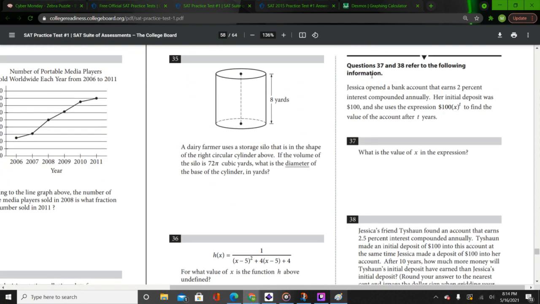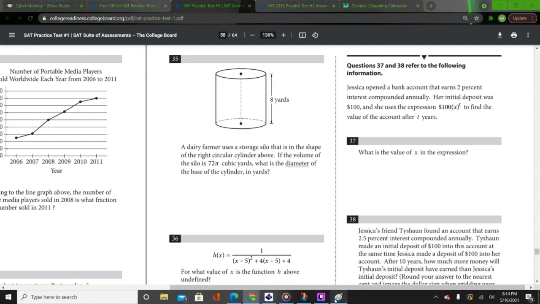Oh, and I hate this last part. Questions 37 and 38 refer to the following information. Jessica opened a bank account that earns 2% interest compounded annually. Her initial deposit was 100. She used the expression 100 times x to the power t to find the value of the account at t years. What is the value of x in that expression? Well, x is 1.02, which is the answer. And why is it 1.02?